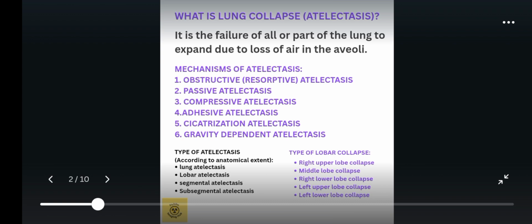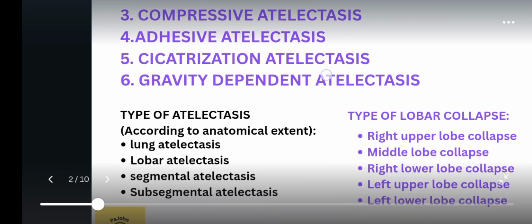The weight of the lung on the most dependent part, with the help of the pull of gravity, leads to a tendency of collapse of that place, especially the posterior portion of the lungs when the patient is lying supine, the portion closest to the ground. So these are the mechanisms through which atelectasis can occur.